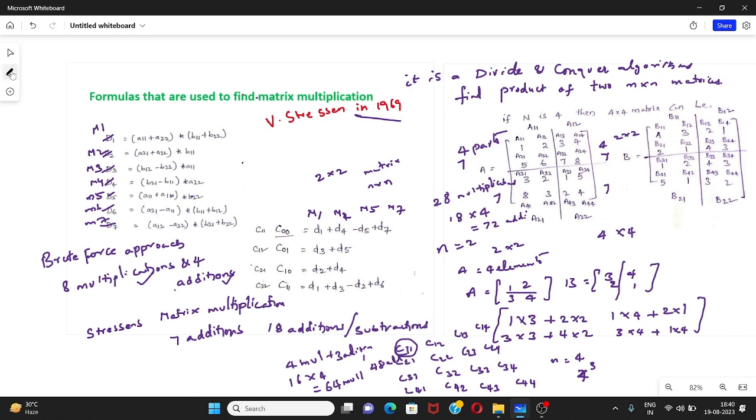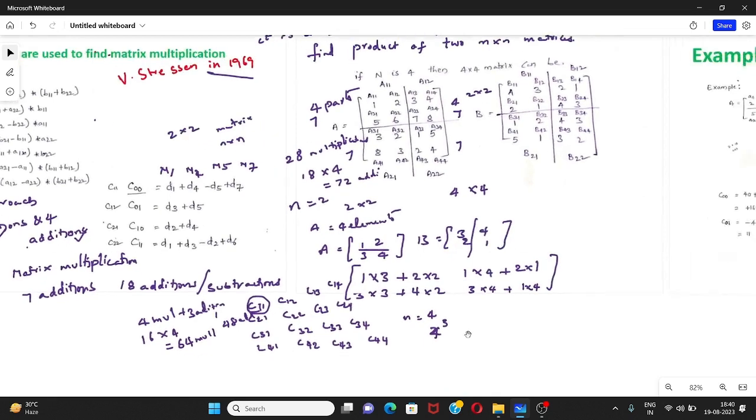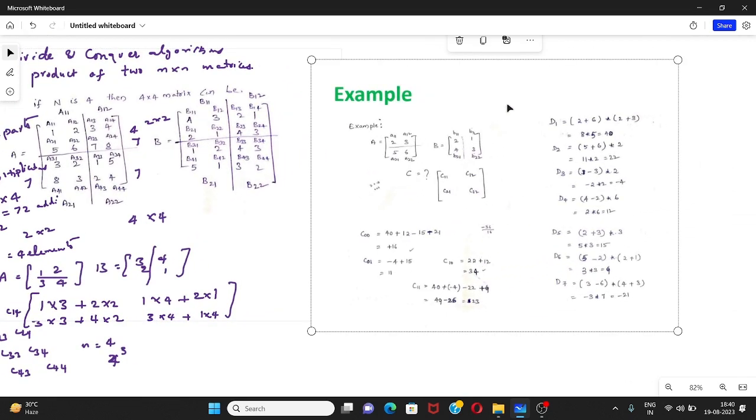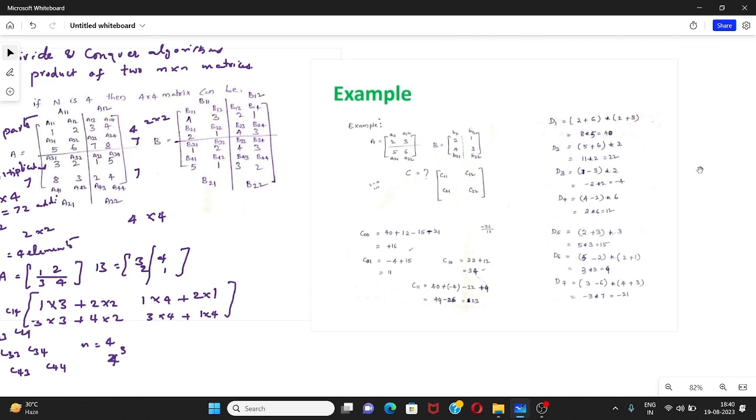So let me go through a simple example. We'll try to understand this particular problem. Let's consider this as an example. We start with a 2 by 2 matrix.